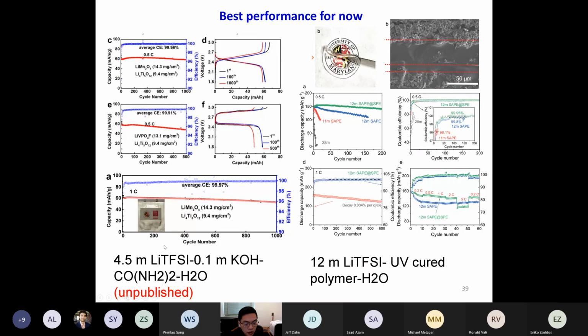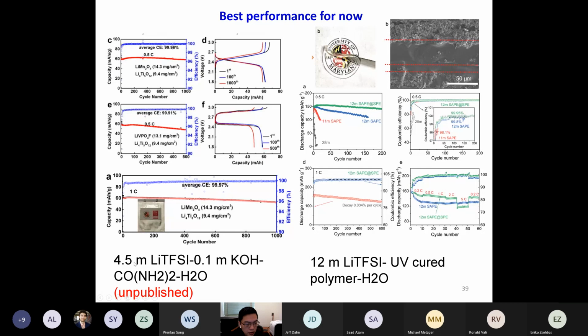Because if we want to push this aqueous electrolyte to the market, we have to reduce the cost of the whole battery, the whole electrolyte, which means we need to reduce the salt usage, right? And in the meantime, we still need to achieve the same or even better stability window.